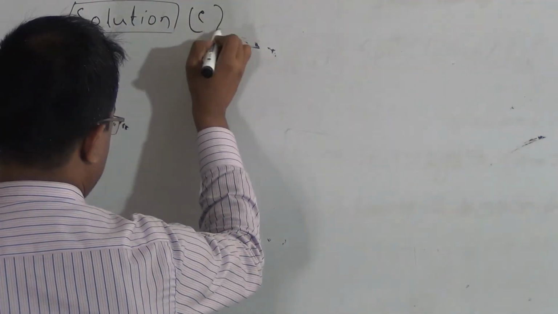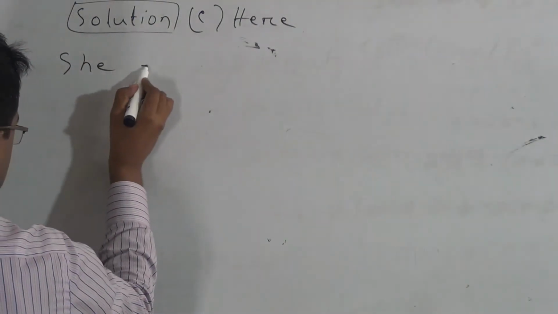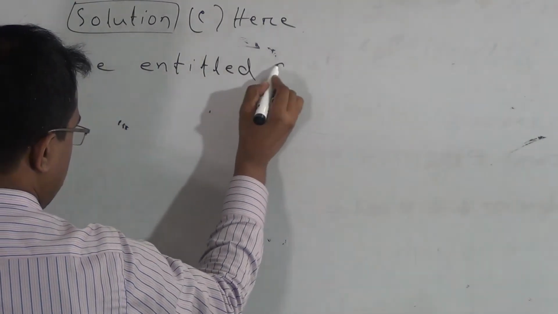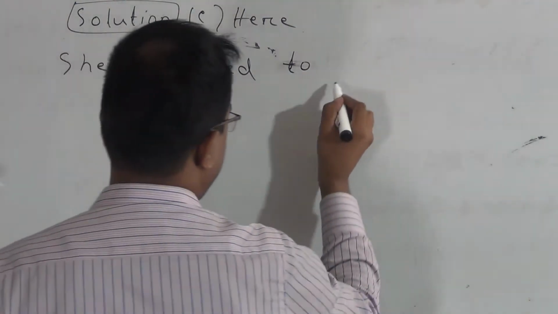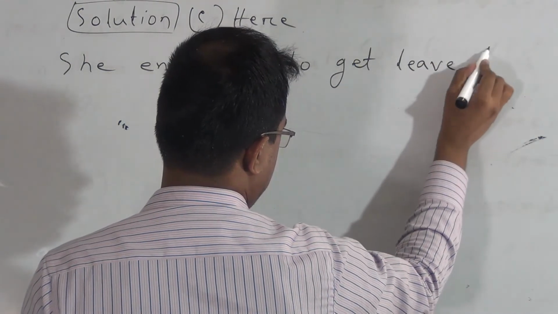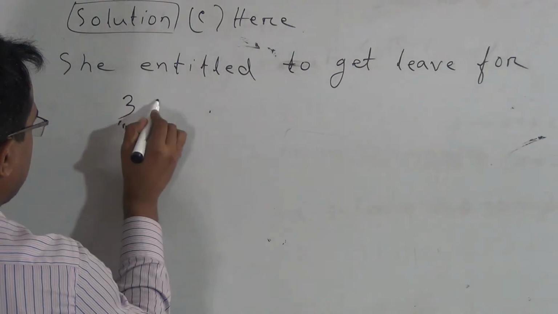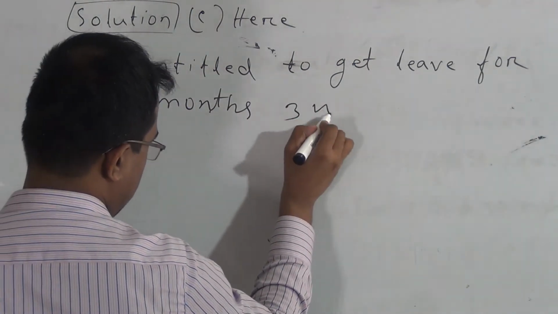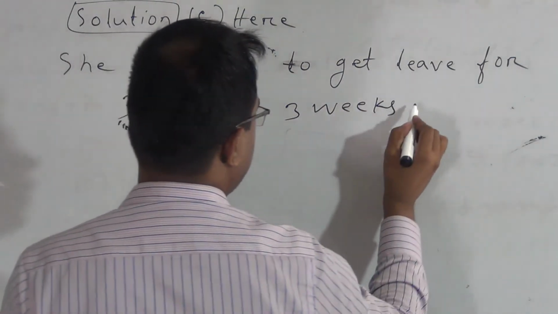C number. Here she is entitled to get leave for 3 months, 3 weeks, 12 days.